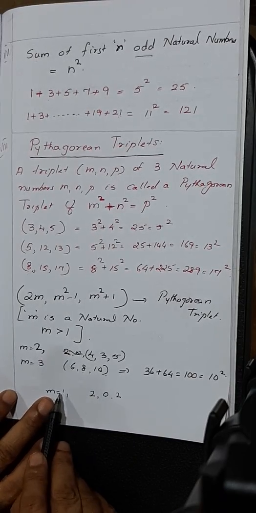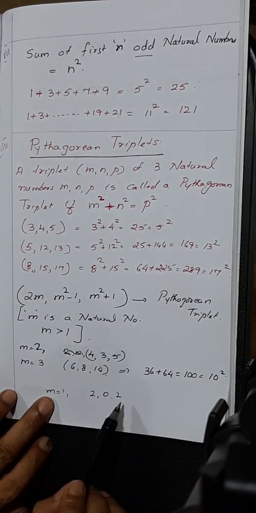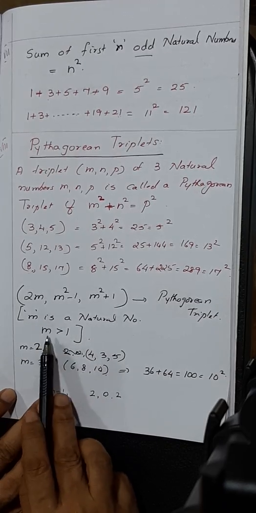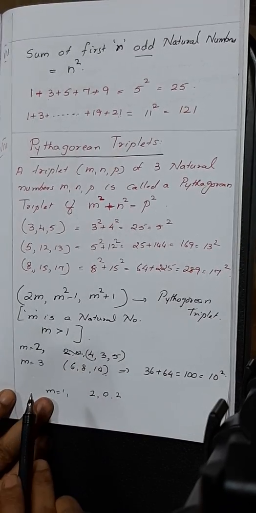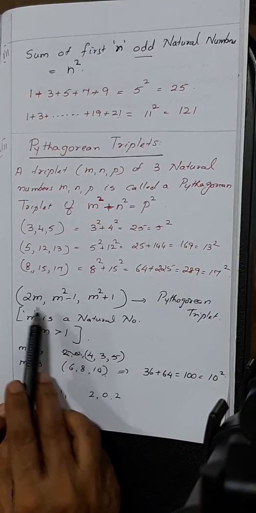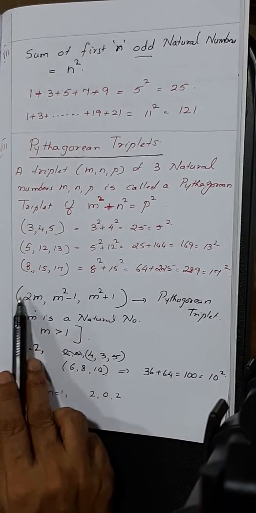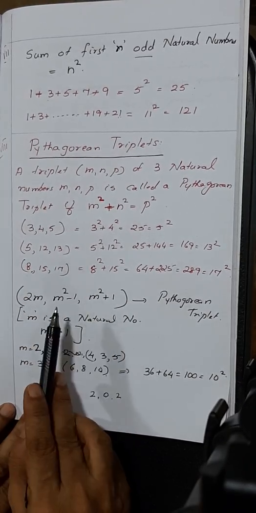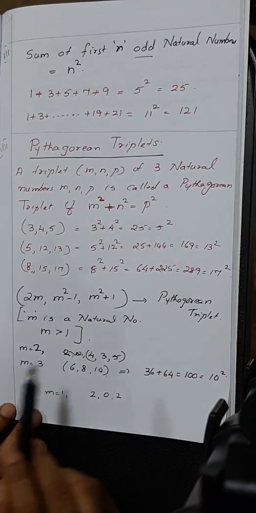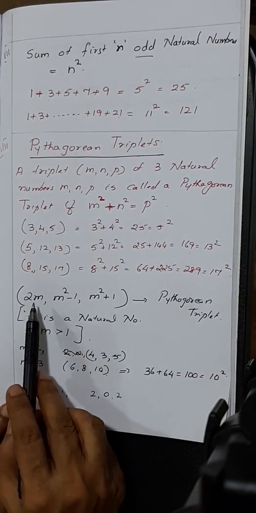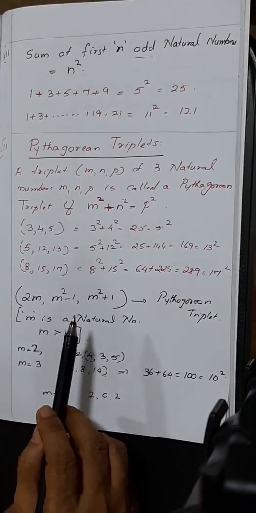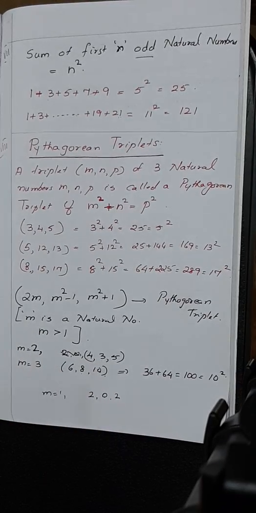So when you put m equal to 1, you don't get 3 distinct numbers. That's why we take m greater than 1. Using this standard form, you can find any number of Pythagorean triplets, by simply putting natural number values of m greater than 1.